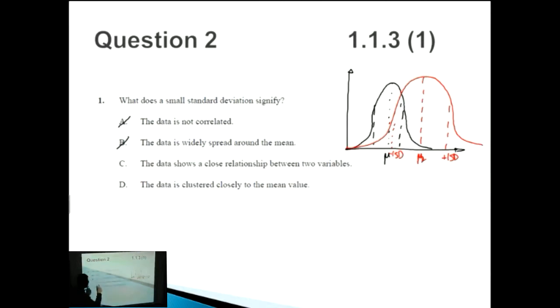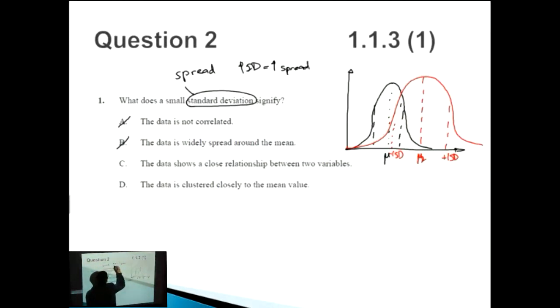You have to remember that standard deviation is associated with spread. So a high standard deviation means a high spread. Just keep it simple. A low standard deviation means low spread. Once again, irrelevant. So therefore the answer is D.